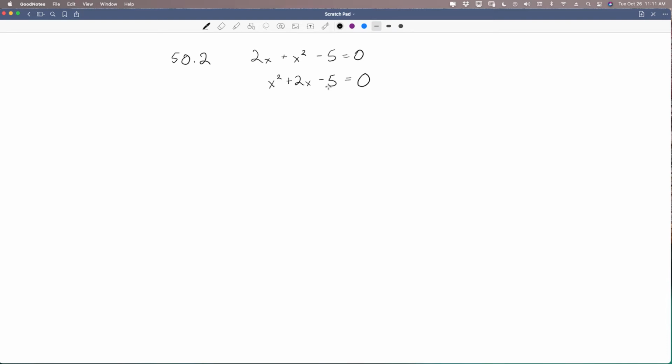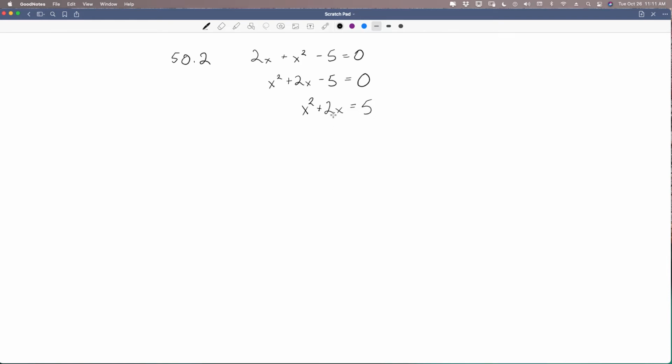Negative 5 and positive 1 would be a negative 4. Positive 5 and negative 1 would be a positive 4. So we can't get this. So we have to turn that into a perfect square manually by adding 5 to both sides just to get it out of the way.